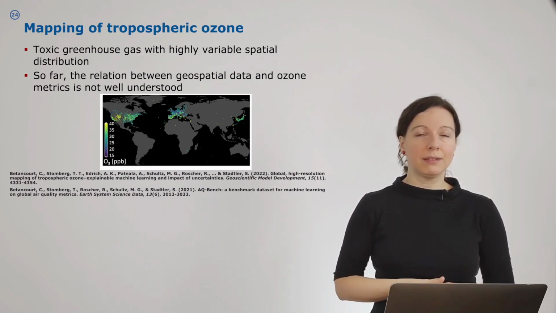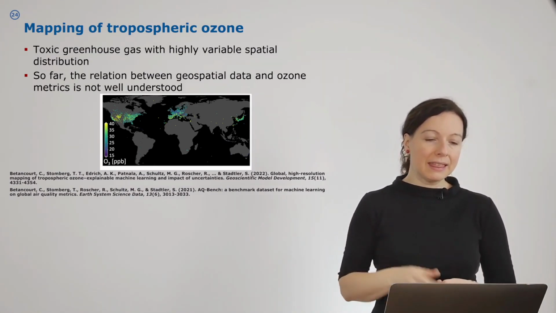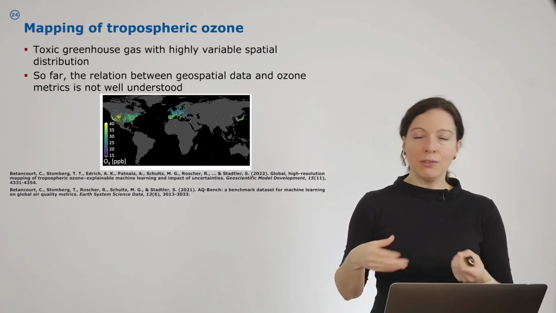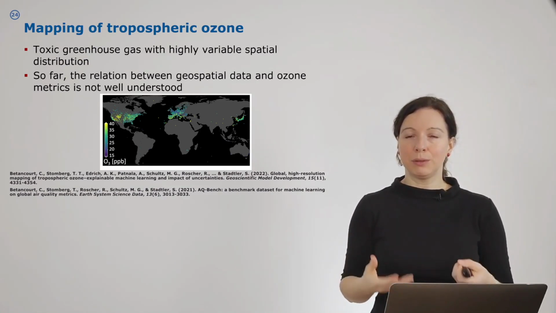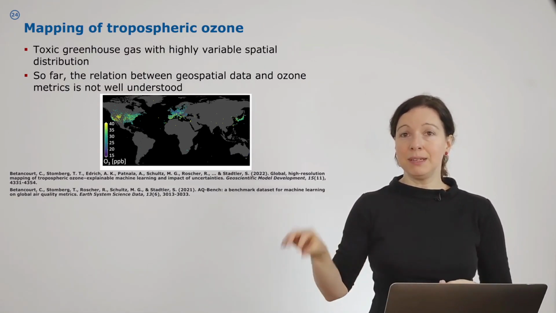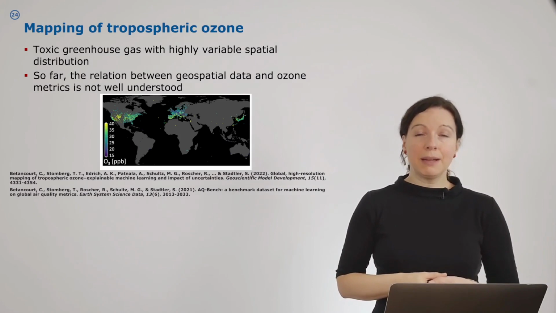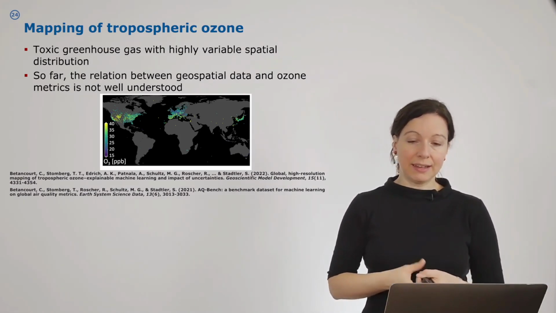So you might think, so what is the problem? The thing is, everything related to ozone can only be measured sparsely, and it's time consuming. But geospatial data can be easily acquired.